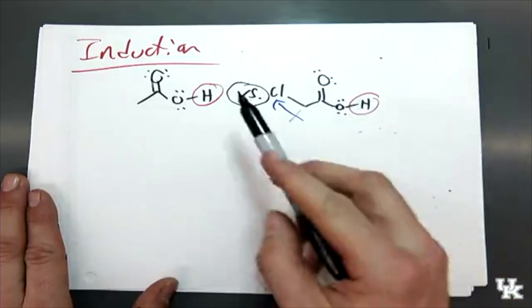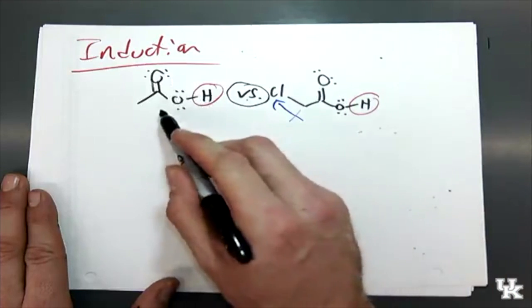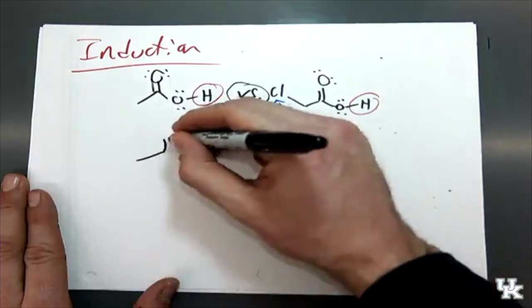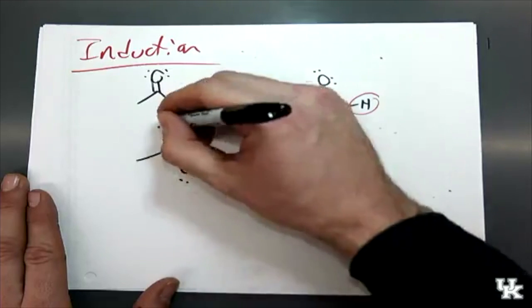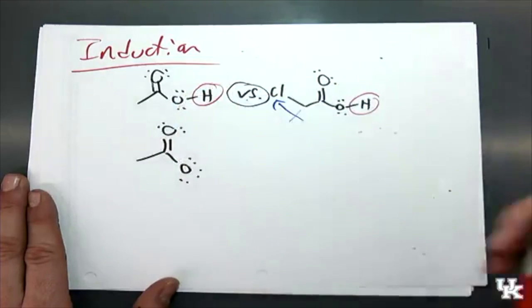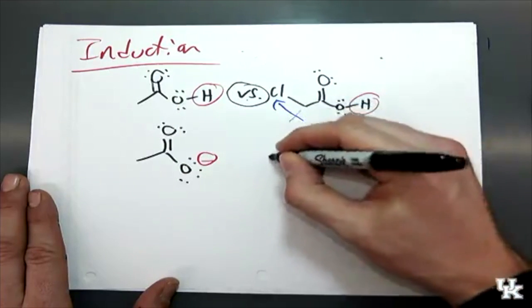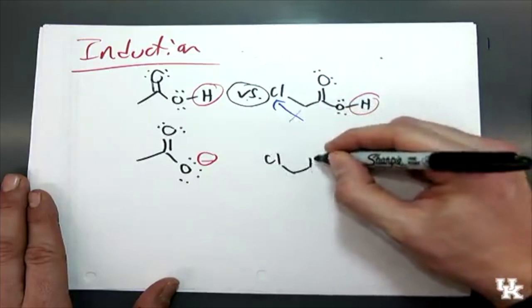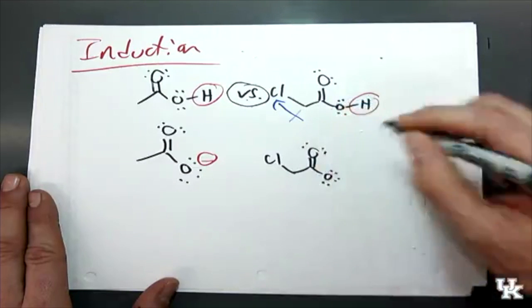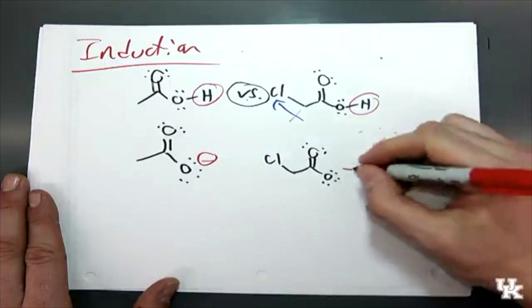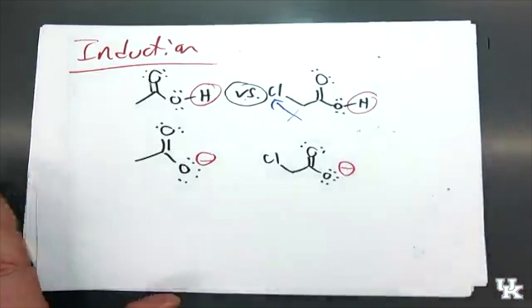So let's draw the conjugate base of both first. Nice anionic acetic acid, called an acetate. And our chloroacetic acid, or chloroacetate.